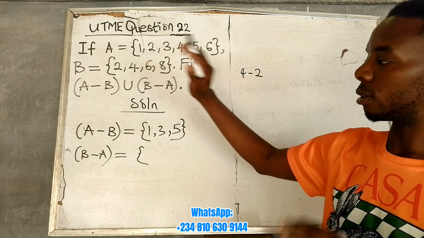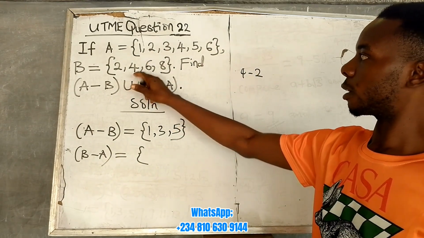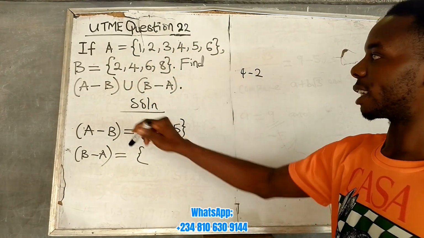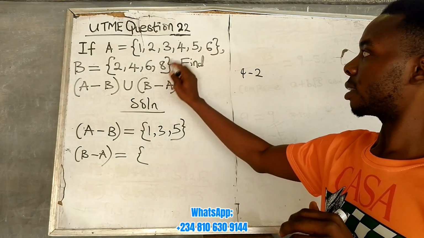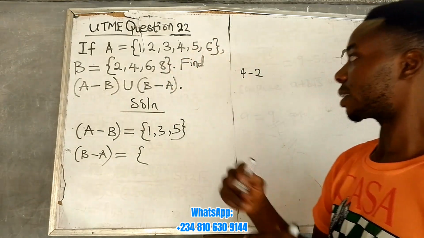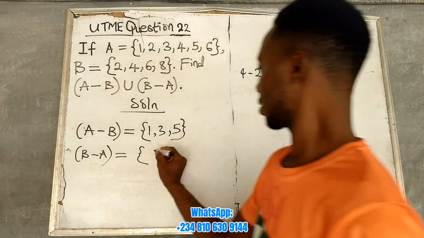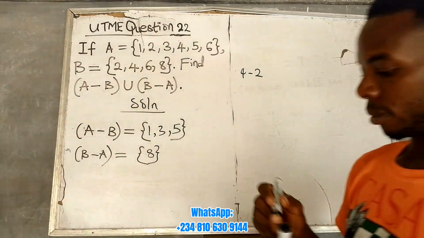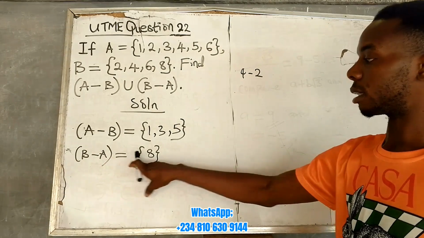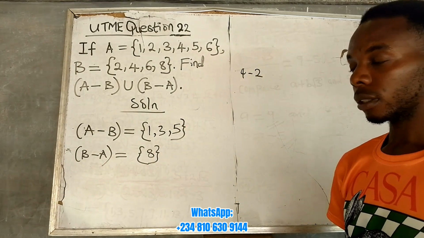We have 2 here. You won't write it. 4, you can find 4 here. You won't write it. 6, you can find 6 here. You won't write it. 8, can you find 8 here? No. So it is only 8. B minus A is a set of 8 only.